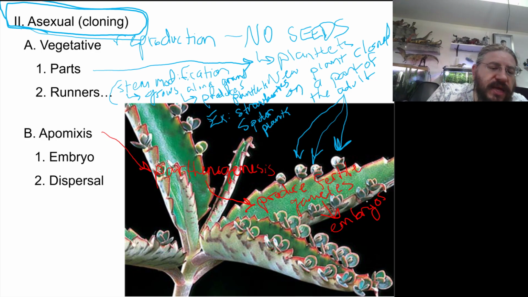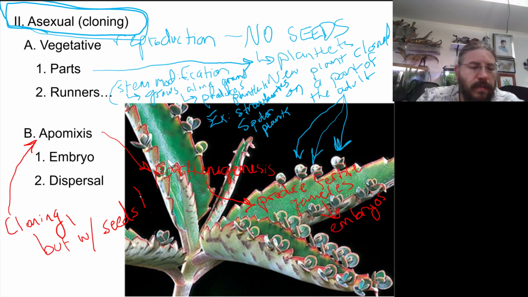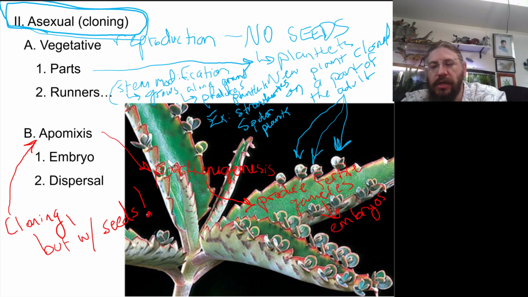So what that means is apomixis is cloning, but with seeds. Exclamation point. So that's pretty cool.